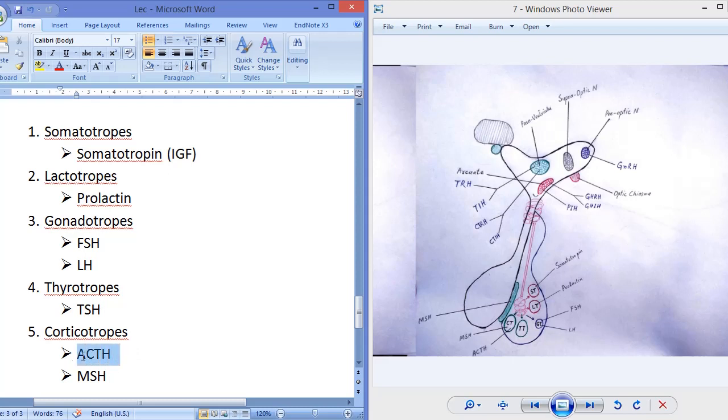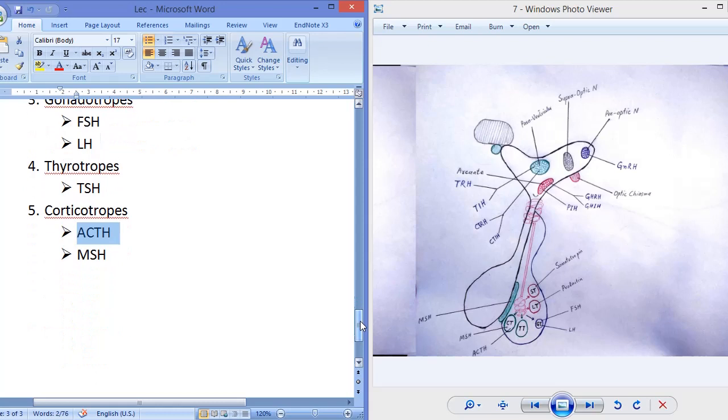Adrenal corticotropic hormone. Now, adrenal corticotropic hormone is responsible for the secretion of hormones from the adrenal cortex, from the zona fasciculata and zona reticularis, especially the hormones which are steroids, the cortisols.